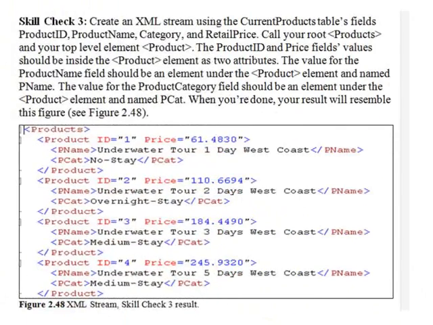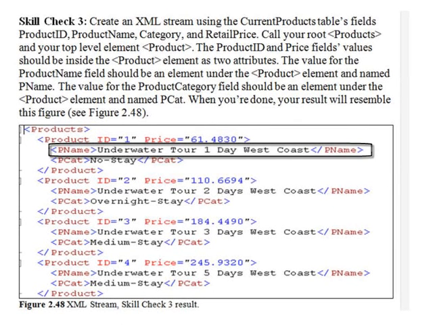Skill Check 3. Create an XML stream using the current products table's fields, product ID, product name, category, and retail price. Call your root Products and call your top-level element Product. The product ID and price field values should be inside the product element as two child attributes.